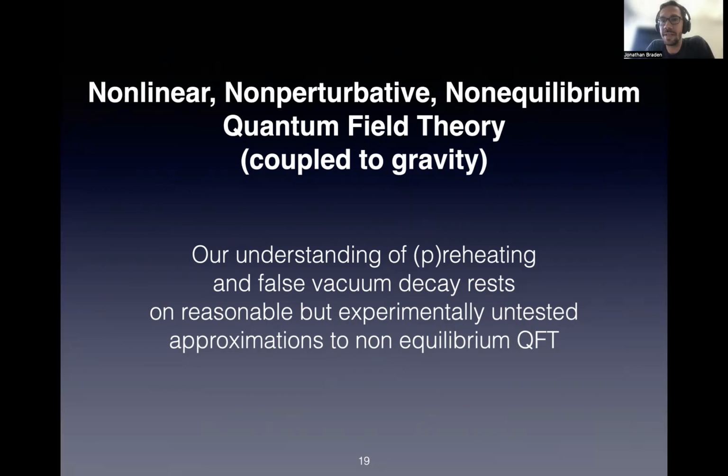And so all of our understanding of these processes is based on reasonable approximations and assumptions about how to do quantum field theory, but they've never been experimentally tested. Okay. And so we always feel much better about our theoretical methods if we can compare them to an experiment and be like, yes, the theory matches what the experiment tells me, as opposed to just saying, my theory has to be correct, but I have no way to calibrate it.